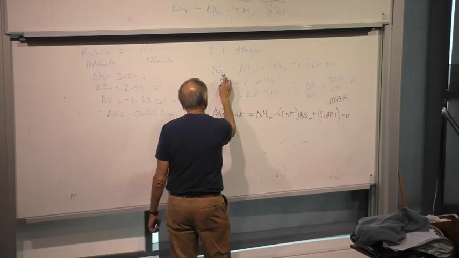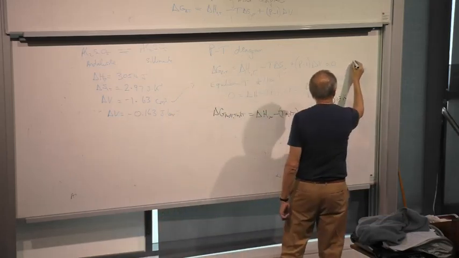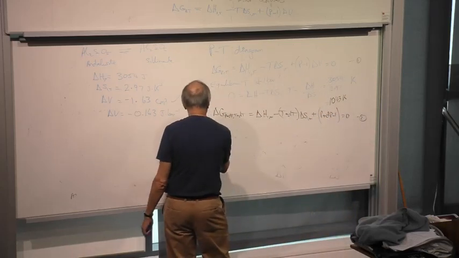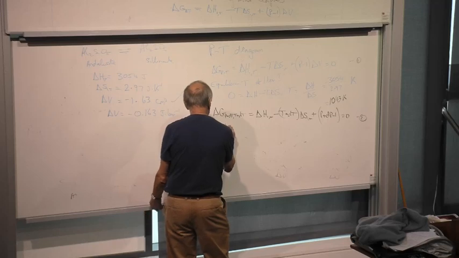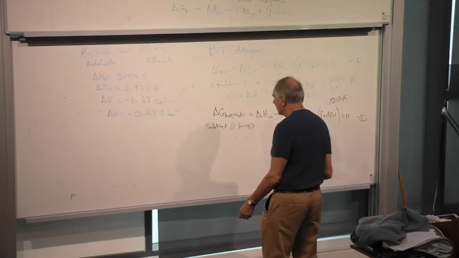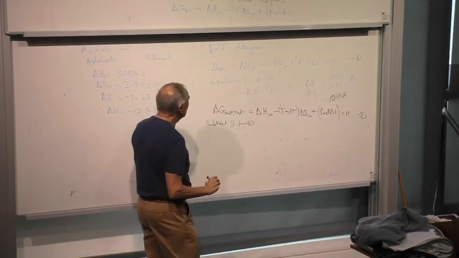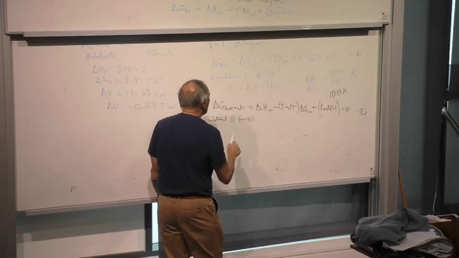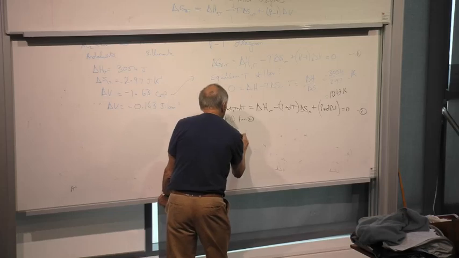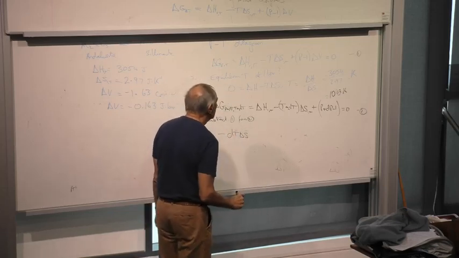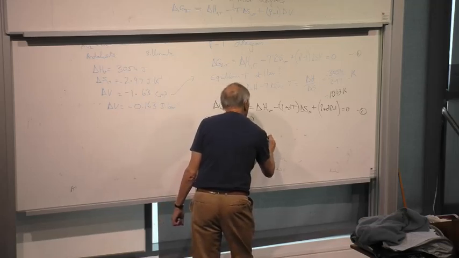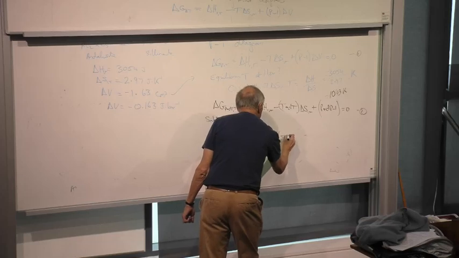So we subtract 1 from 2, and we get minus dT times delta S plus dP times delta V equals 0.